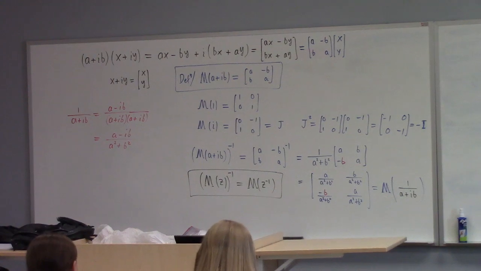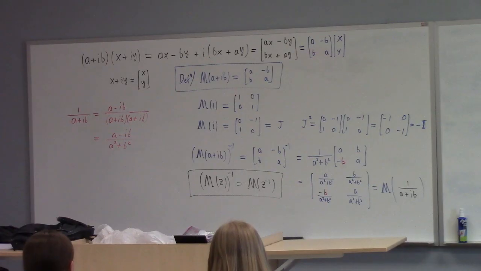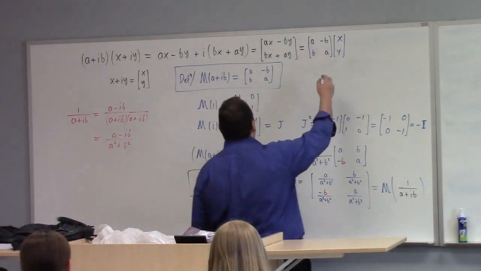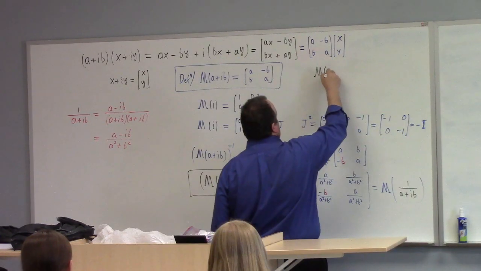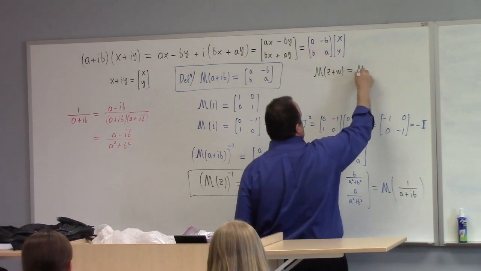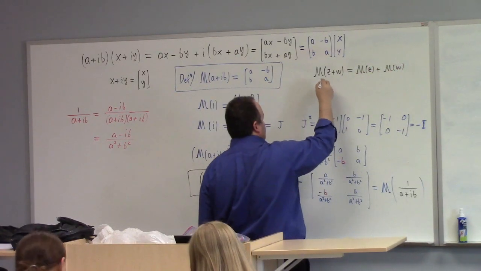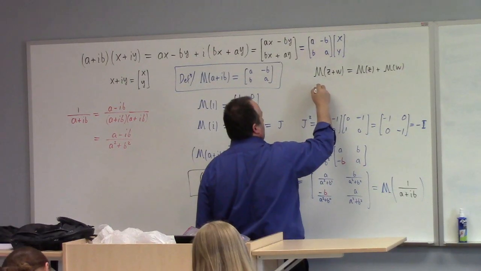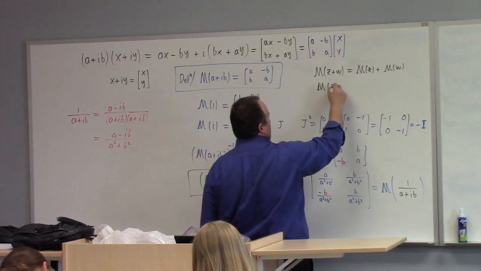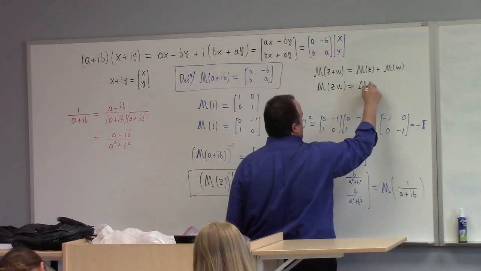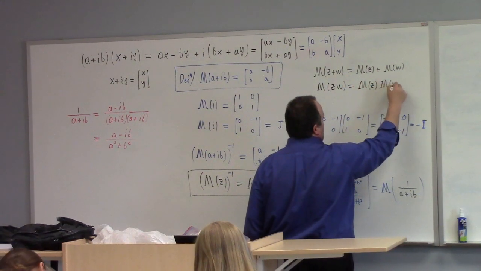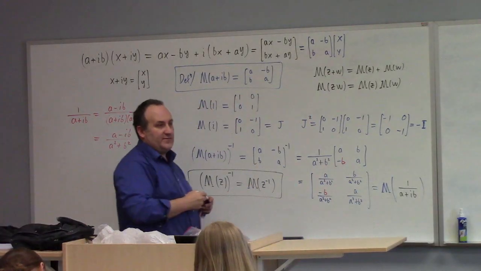Does this correspondence between matrices and complex numbers that I've used big M to denote, do you think it has other properties? Like, we can try it. I won't prove these, but you could show, in fact, that if we let the matrix act on Z plus W, you get the matrix of Z plus the matrix of W. You can prove that the matrix of a product, Z times W, is the product of the matrix of Z times the matrix of W. That's also another property of this map.